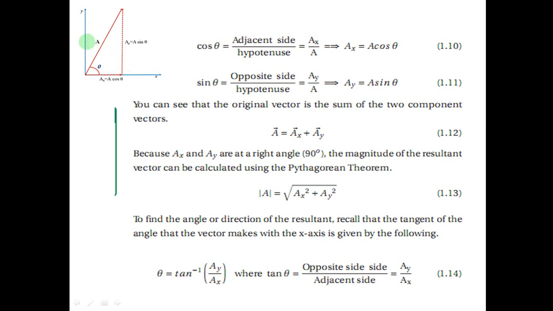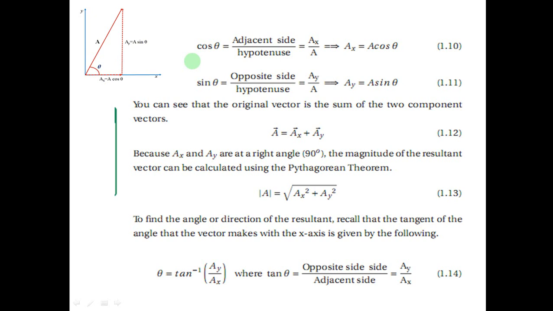And you must find the vertical projection of the vector, which is here ay. And you must find again the horizontal projection of the vector A, which is ax. The x component is relative to the x-axis, that component you call ax.